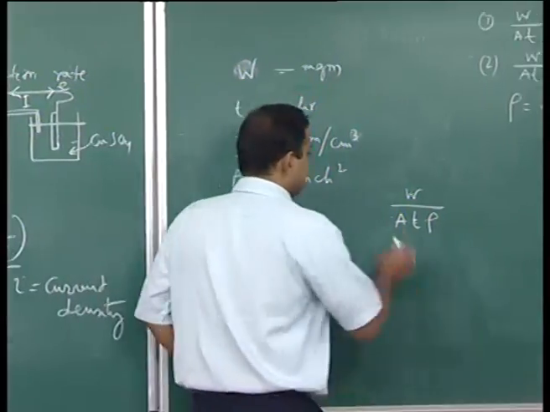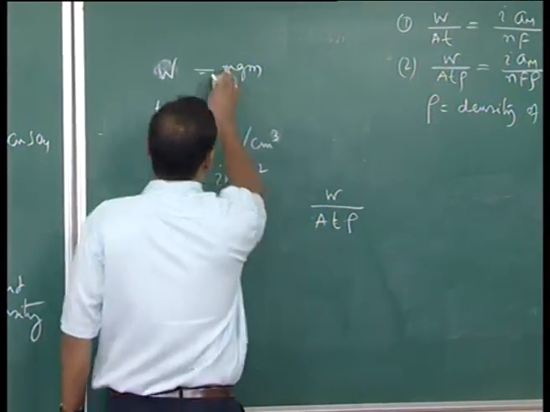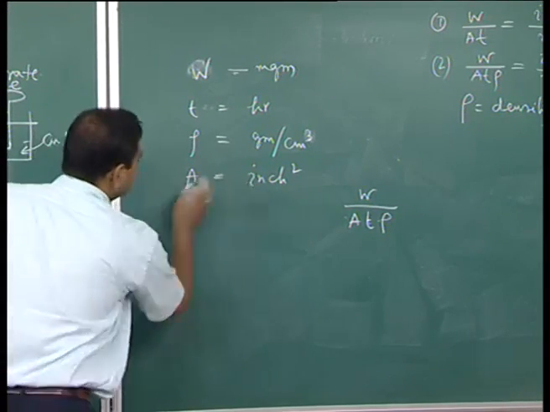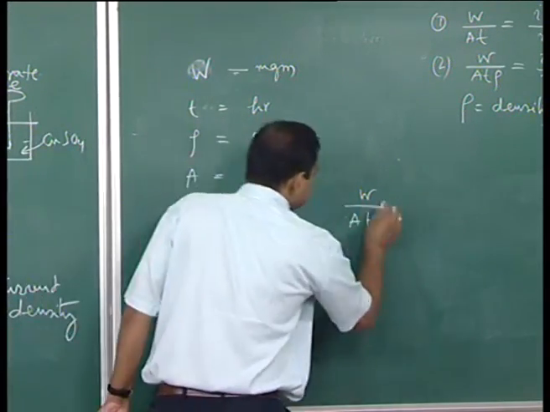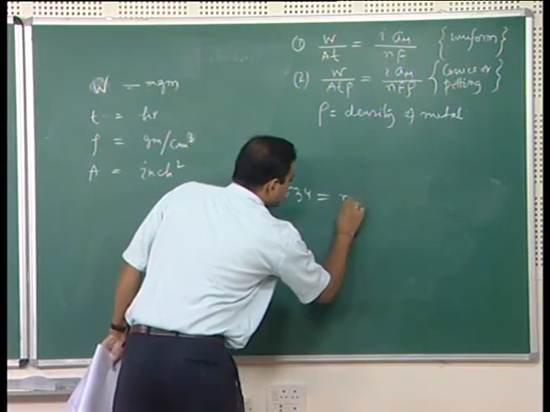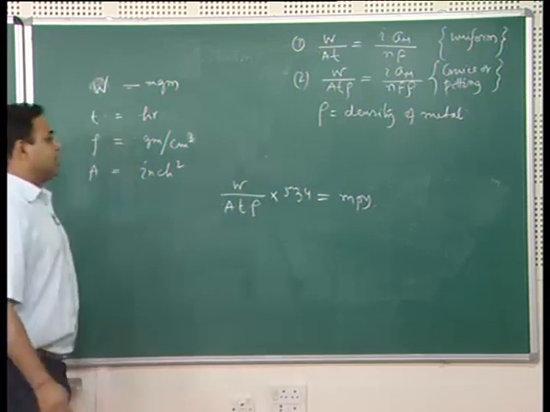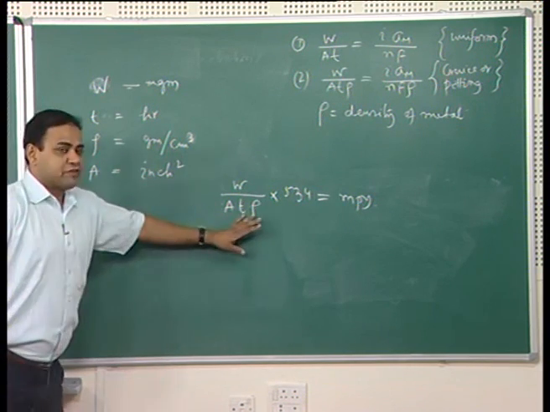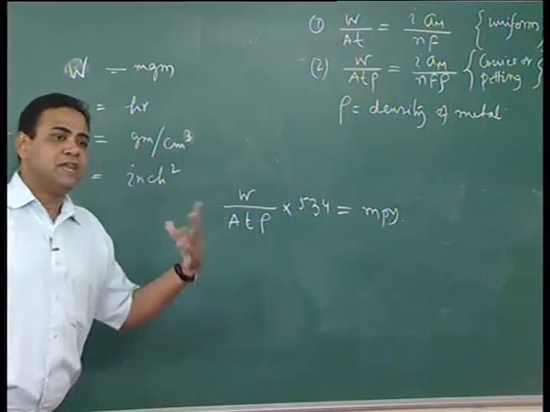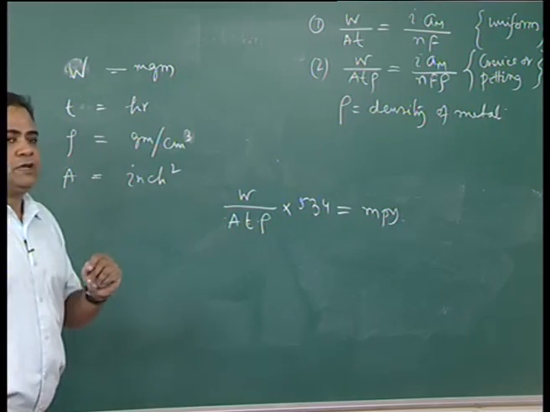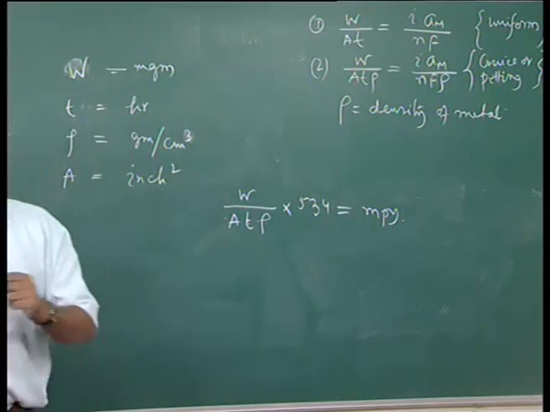If these are the units, milligram, hour, gram per centimeter cube and inch square, then this into 534 would be equal to MPY, which is the corrosion rate in the form of milli-inch per year. Now, how would we get 534? The 534 is nothing but the conversion factor.